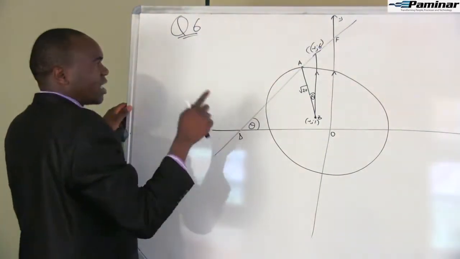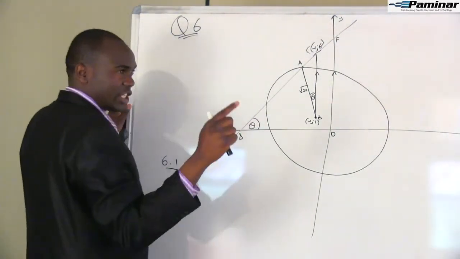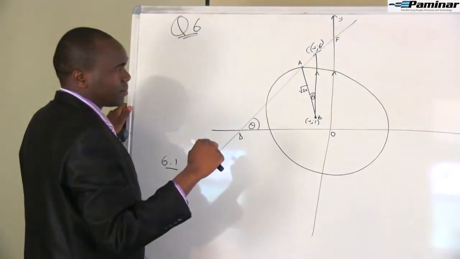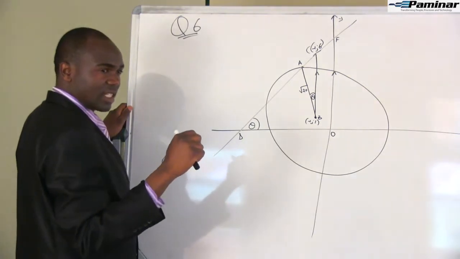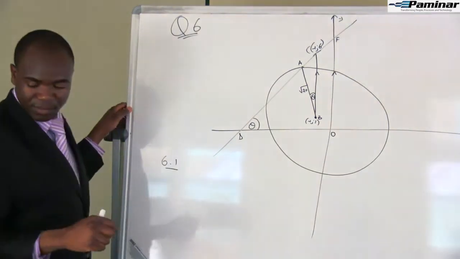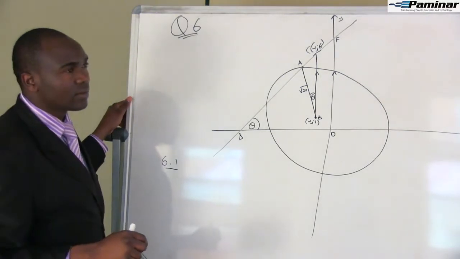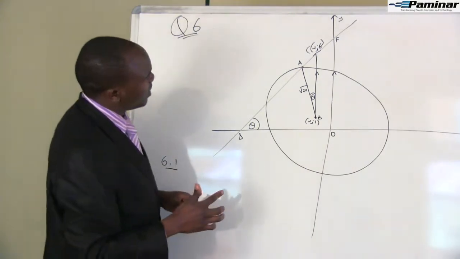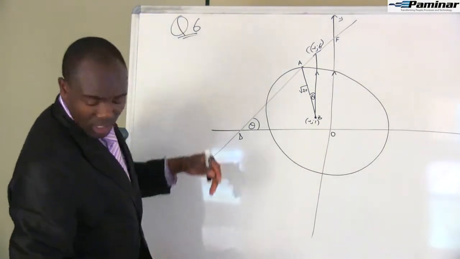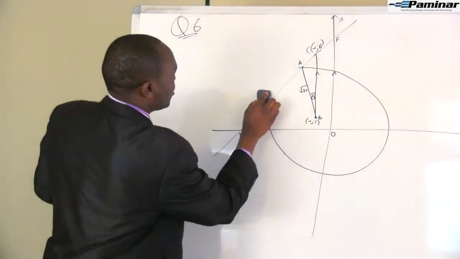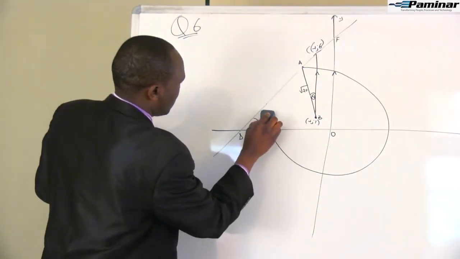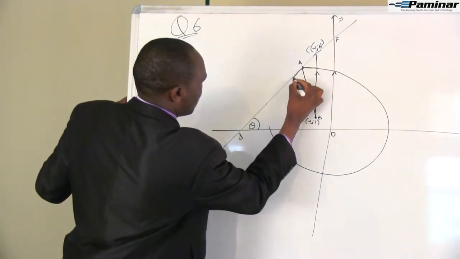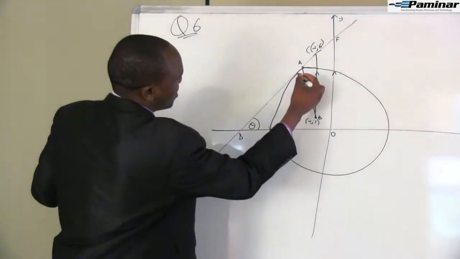This line, remember they told you that the tangent to the circle passes through point C. Passes through point A. Alright, now this graph should be, this is a circle.